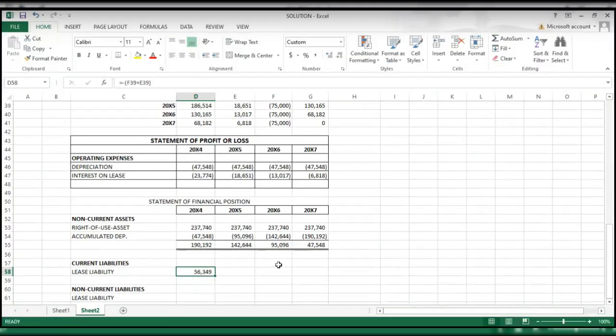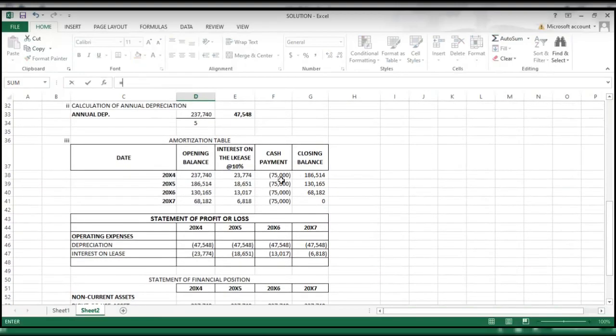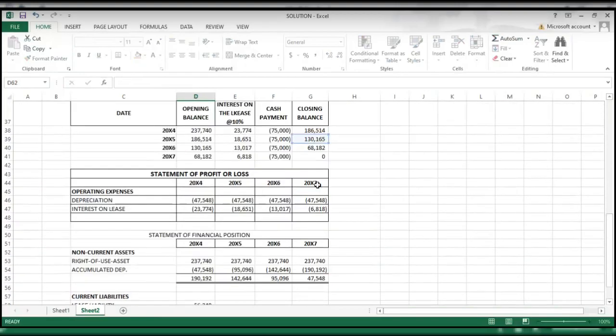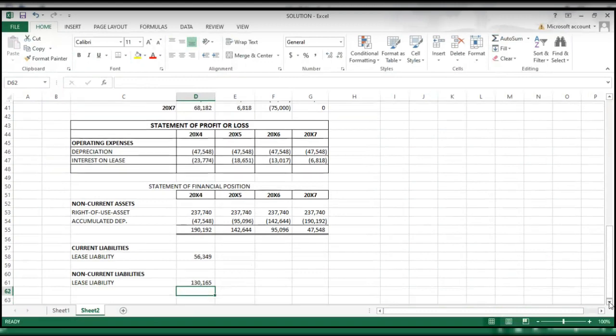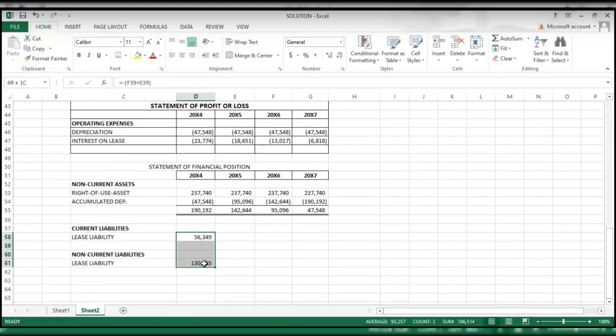Then the non-current liability at the end of the first year, which is 20X4, is going to be the amount that will be outstanding at the end of 20X5. That's the non-current liability. The addition of the two must give us the closing balance of the liability at the end of year 1. If we have the two together, we must have this same thing.